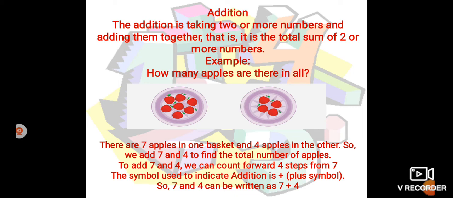There are 7 apples in one basket and 4 apples in another. So, we add 7 and 4 to find the total number of apples. To add 7 and 4, we can count forward 4 steps from 7.